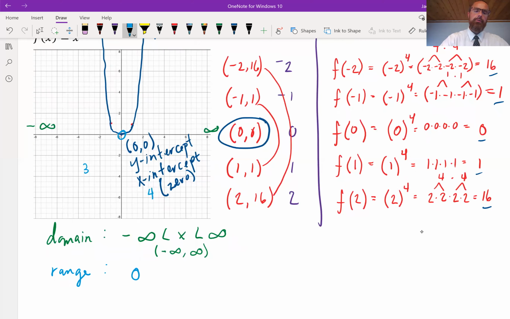So it's from 0 is less than, now I've got to be careful here. My y value actually equals 0. So I've got to put the bar underneath the strict less than. So 0 is less than or equal to y is less than infinity. The upper part of the graph is still infinite.